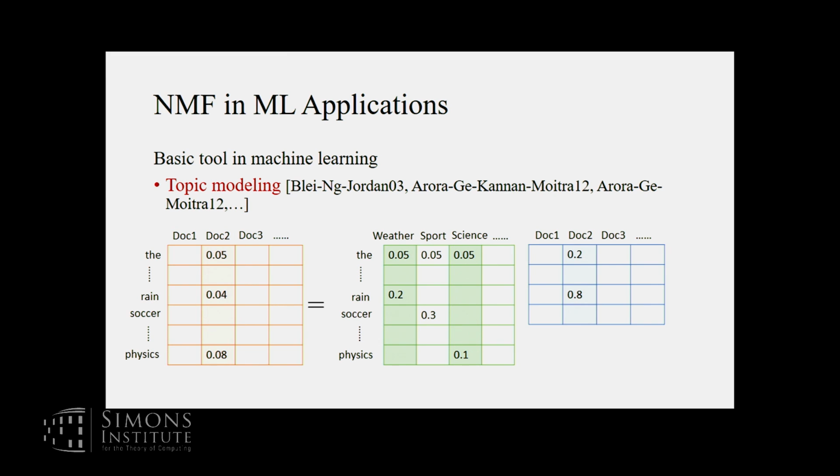So Y equals A times X basically means that by mixing the distribution of the topics, you get the distribution of the words in this document. So you can imagine that by discovering the topics among a large set of documents, you can get an overview of the themes of these documents. So it's very useful and popular in social science and also in information retrieval and many areas.